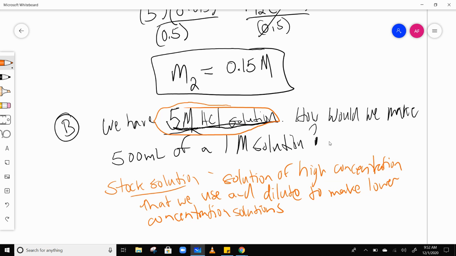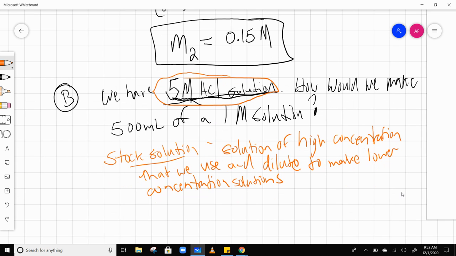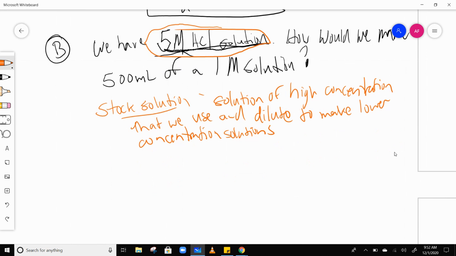So you're going to be taking a high concentrated solution, a stock solution, and figuring out how much of it you need to add to make a 500 milliliter solution.